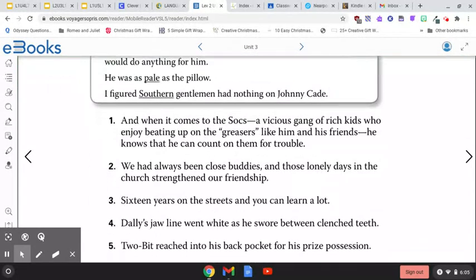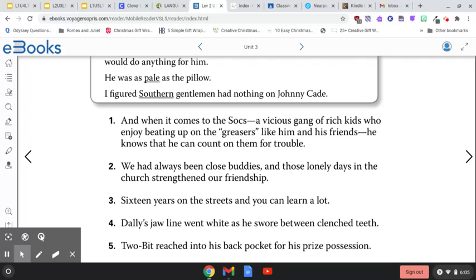Let's look at the first sentence. We have to keep an eye out for our nouns and ask ourselves if the sentence provides any descriptive words related to the who or the what. Read the first sentence. Do we know anything about what kind of gang? Underline vicious.